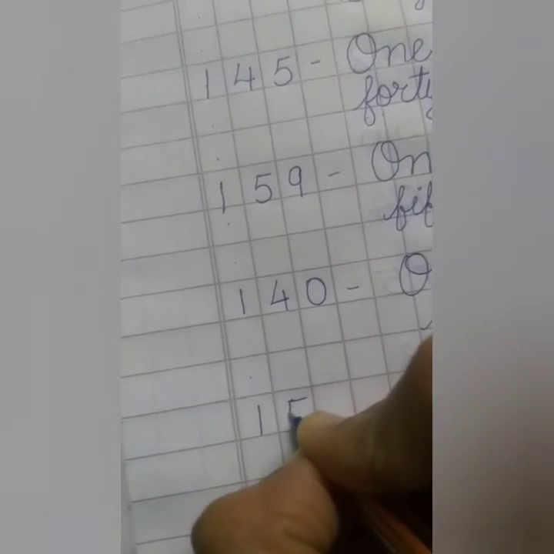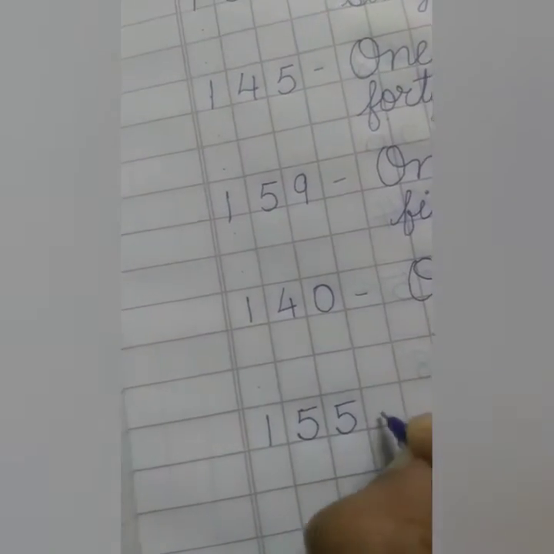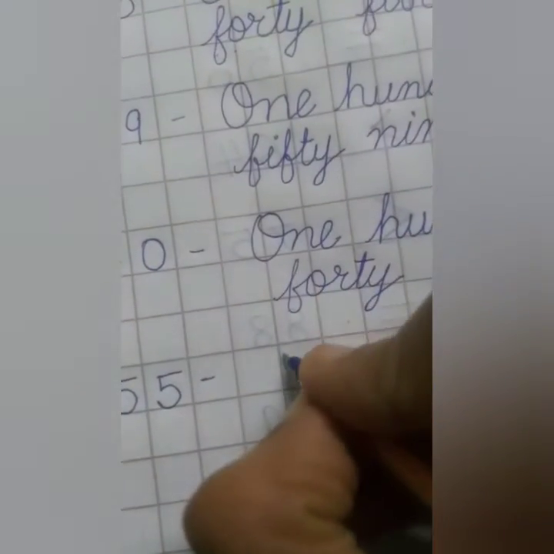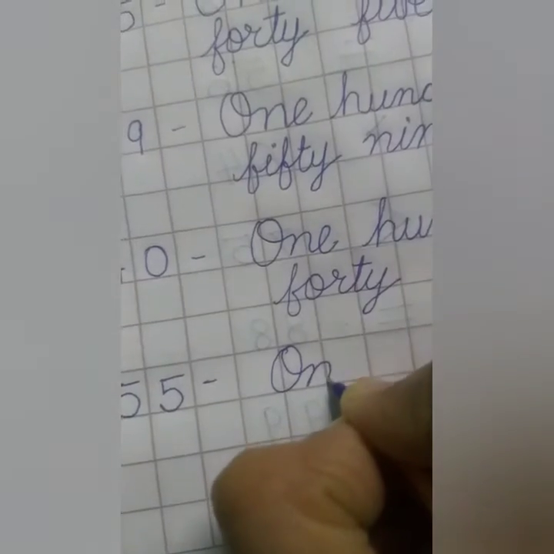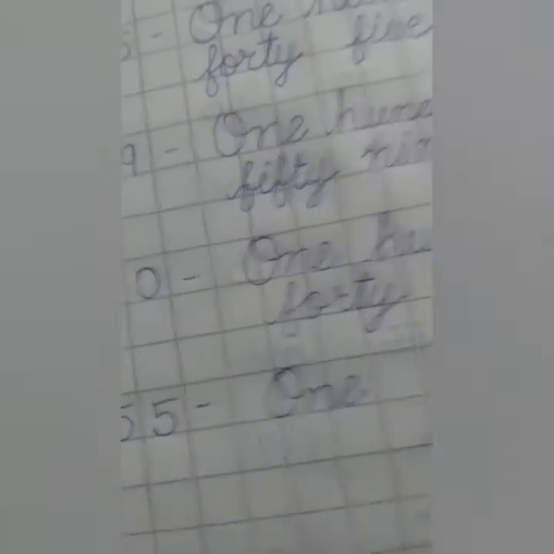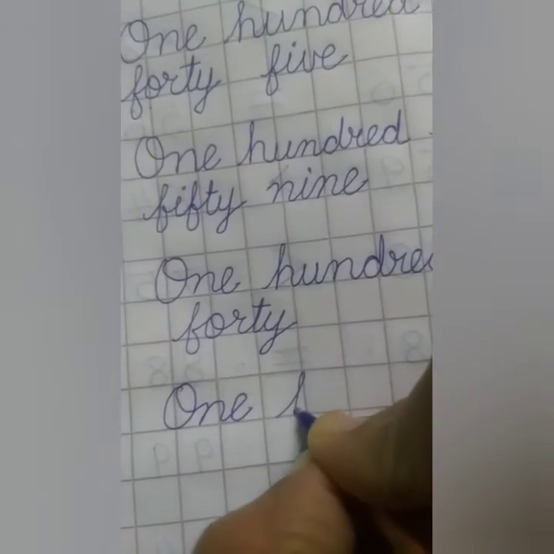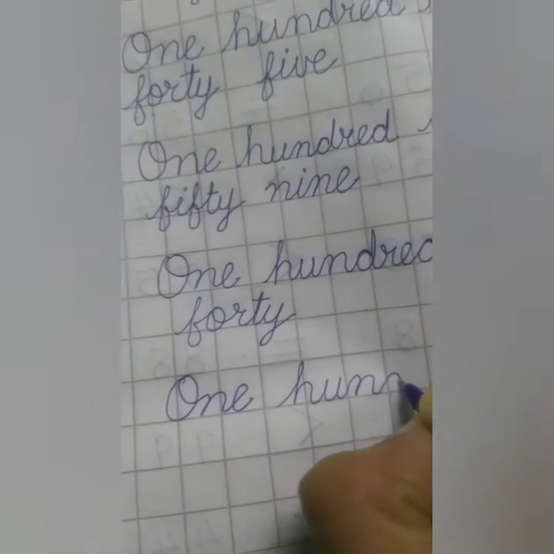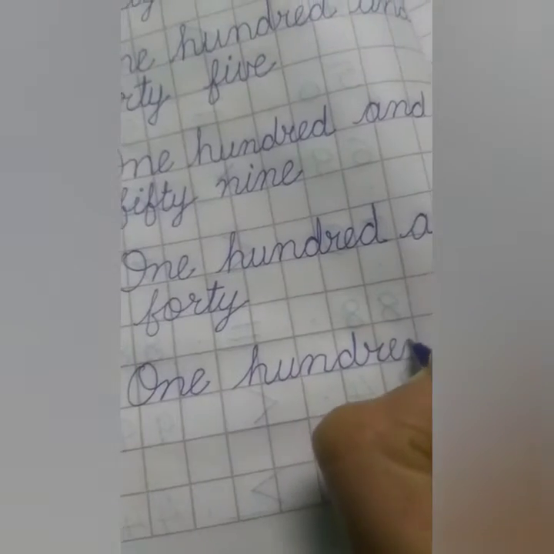Now leave 2 blocks and write 1, 5, 5. 155. A small dash. So write O-N-E. Take one finger gap and write H-U-N-D-R-E-D. 100.